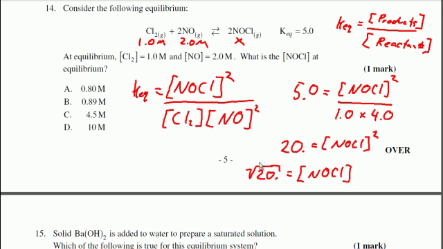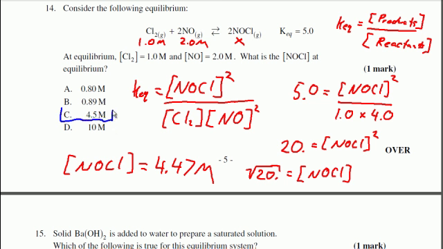Type this into our calculator: square root of 20 equals 4.47. Okay, so go back to our answers, and since it needs to be 2 sig figs, this becomes 4.5. And that's our answer, 14C.